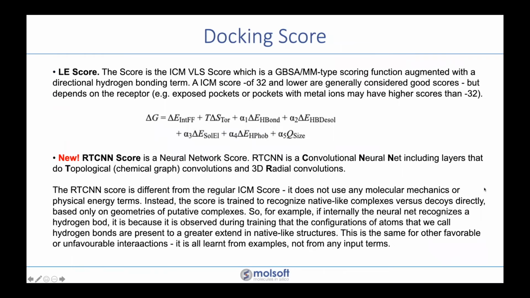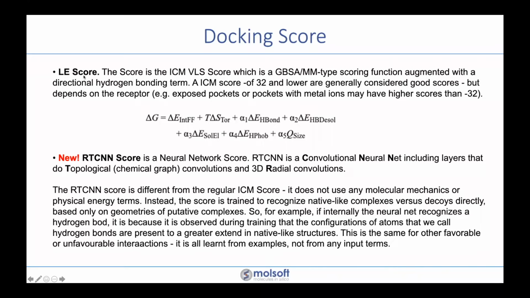So once you dock the ligand, you get a score. You'll see when we start docking that we have 2 different scores. One called LE score, which stands for Ligand Editor score. This score is based on a molecular mechanics physical energy term score.